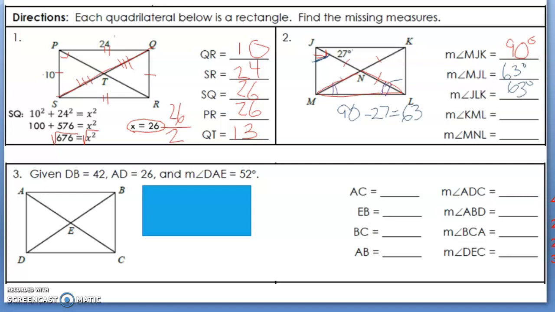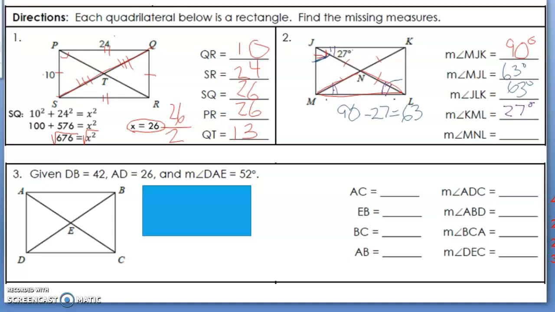So these angles are going to be the same. If this angle MLJ, the second purple angle, is alternate interiors with 27 degrees, that angle's 27 degrees, and we said it's a base angle. It's the same as angle KML, 27 degrees.